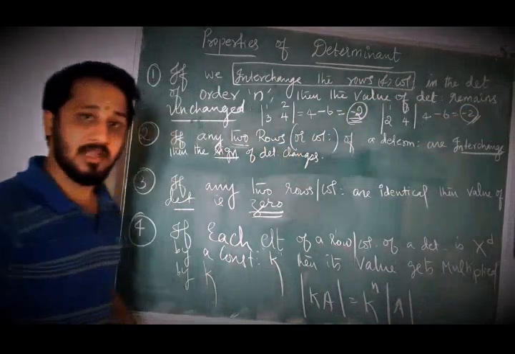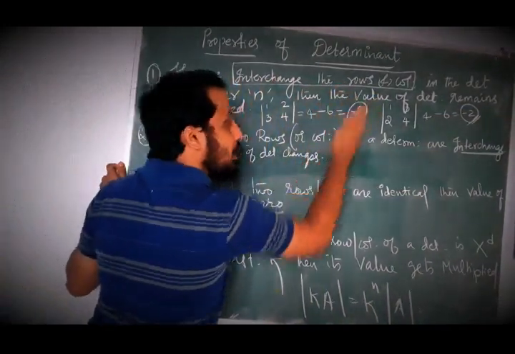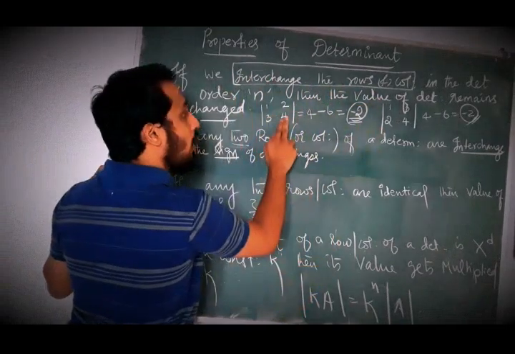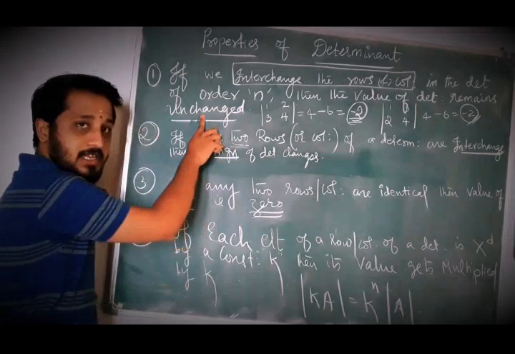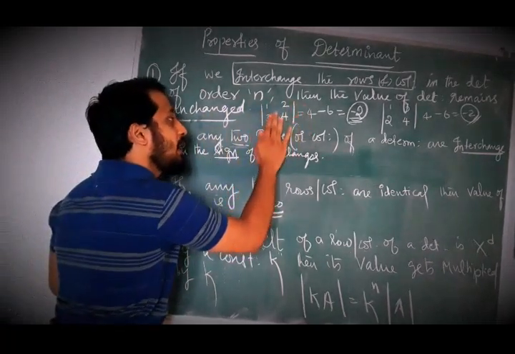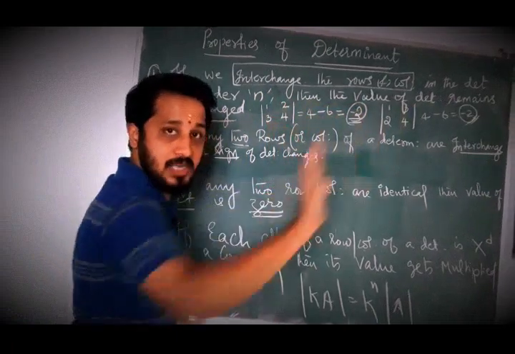Both are the same. That's what this property tells. If we interchange the rows and the columns in the determinant of order n, then the value of the determinant remains unchanged. That means if you take the transpose of the given matrix, the value of the determinant will not change.